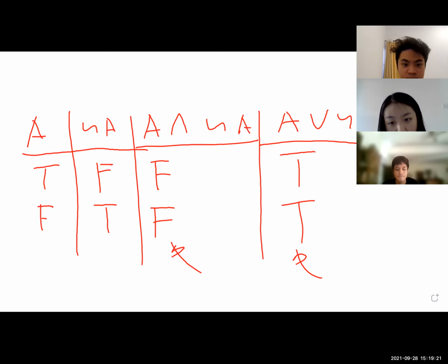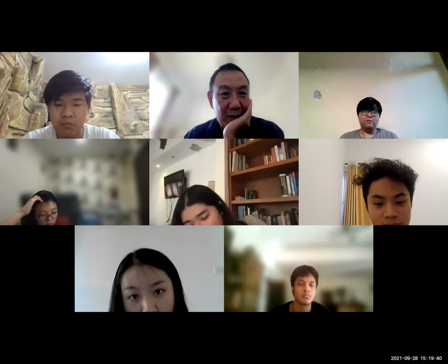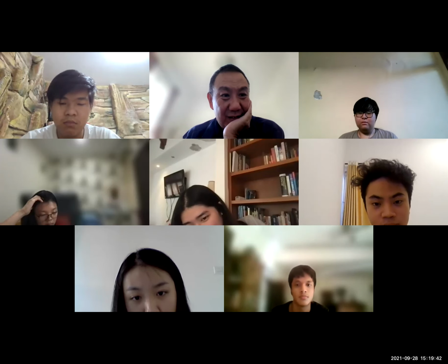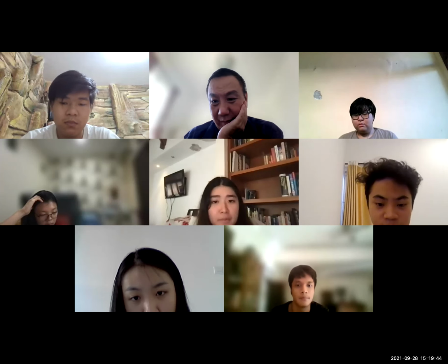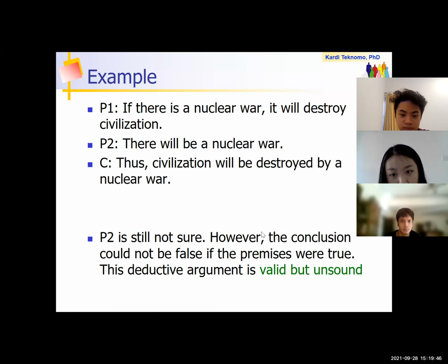So this is also an example of valid but unsound. Why unsound? Because the second premise here is false. This is the example here, the white book.